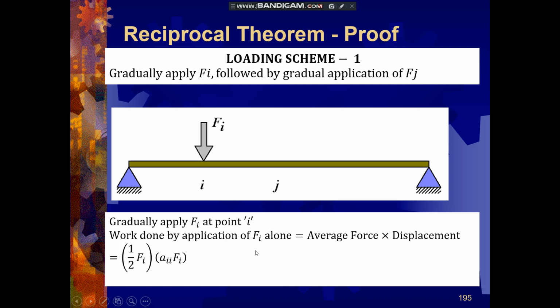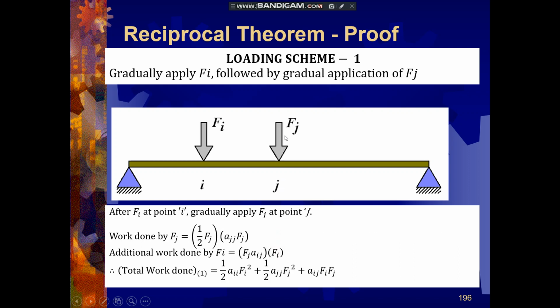Now once this force has reached the final magnitude Fi, we start applying the force Fj, once again starting gradually. So when this force Fj is being applied at location J, the work done by this force Fj, as we did in the previous case, is half of Fj, because the force starts from 0 and then reaches the final magnitude Fj in due course of time.